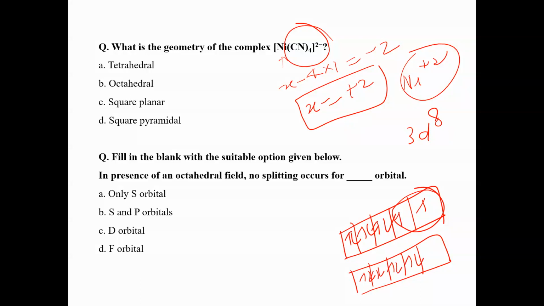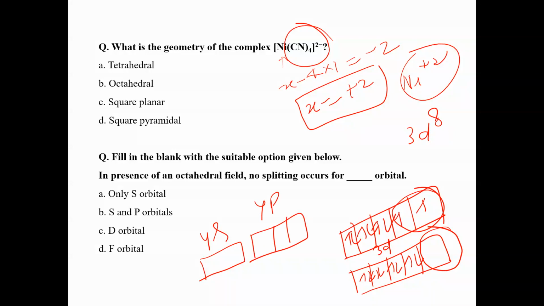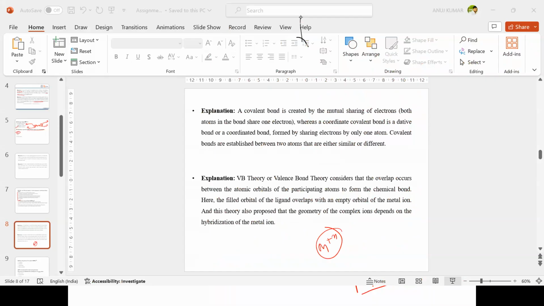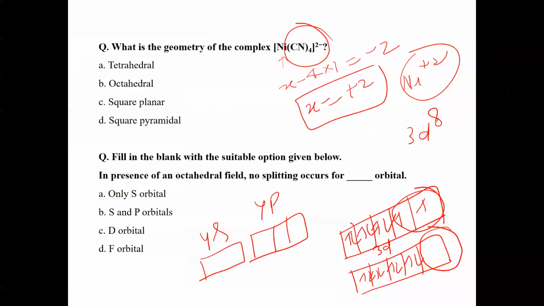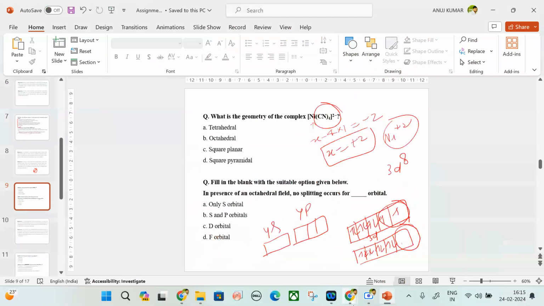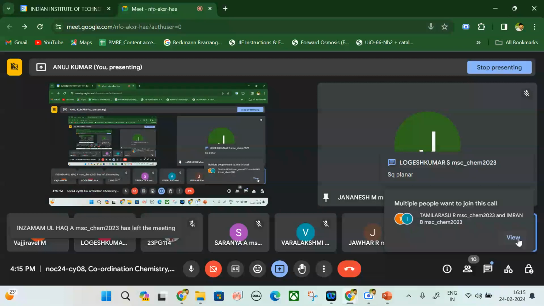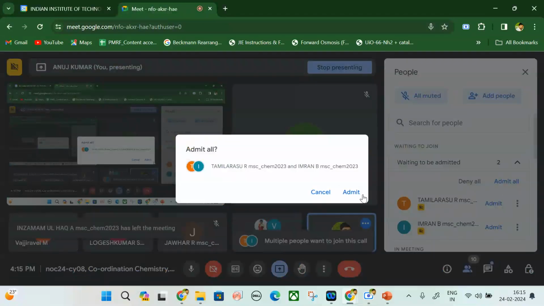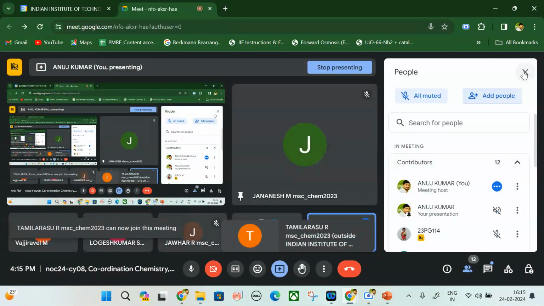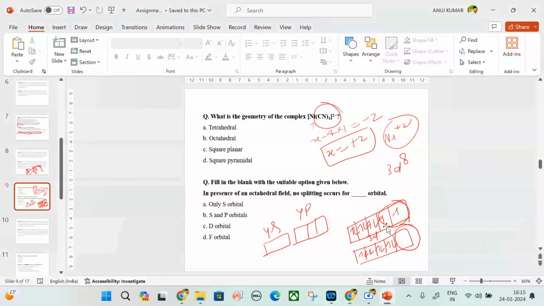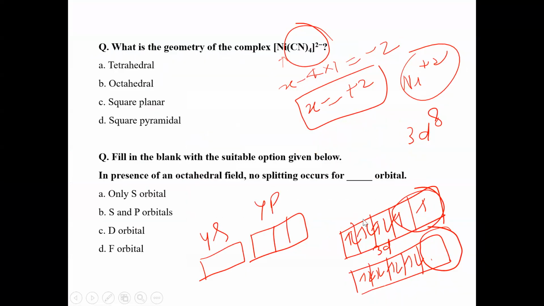So this orbital is vacant. It is basically 3d, it is 4s, it is 4p, because 4 ligands are here.